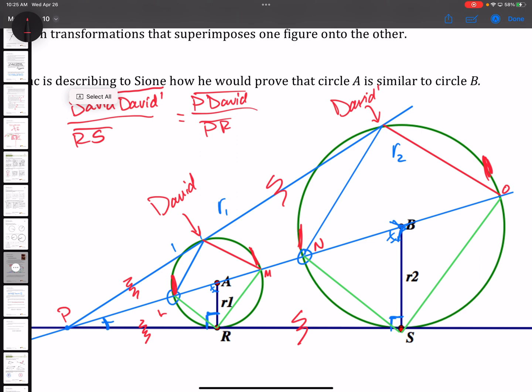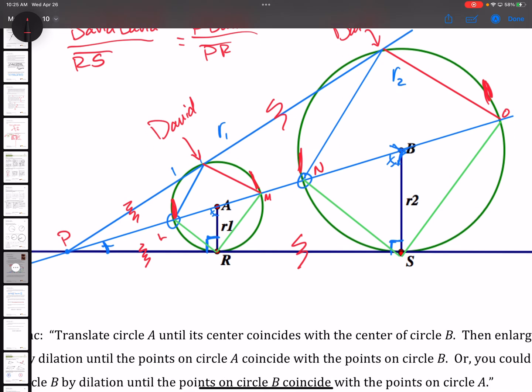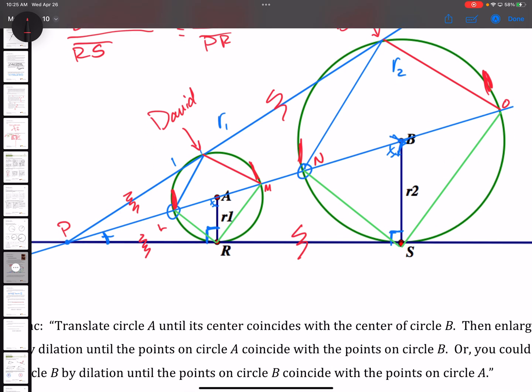Alrighty. So we have to take segments from the larger and compare them to segments of the smaller. BS and AR. So AR to BS, that's fine. It's just a name of a line. Now let's complete that proportionality statement. What order did we go in?